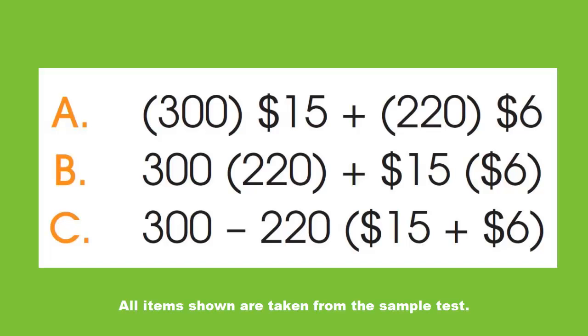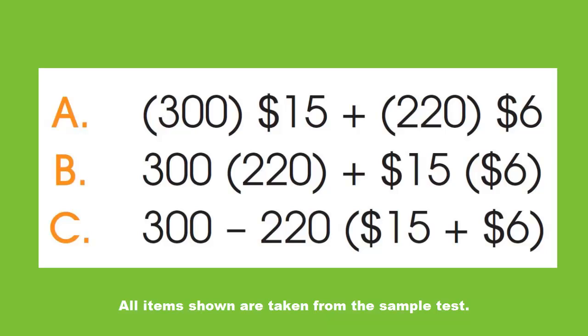For example, the students can be looking at these 3 math expressions. They hear the following explanation. Tickets to the school play cost $15 for adults and $6 for students. The school sold 300 adult tickets and 220 student tickets.